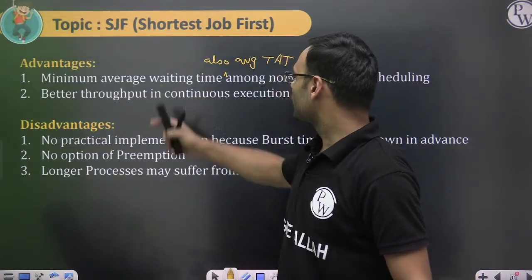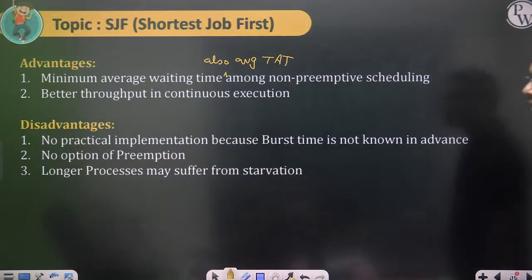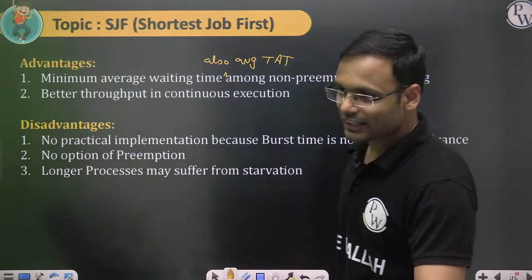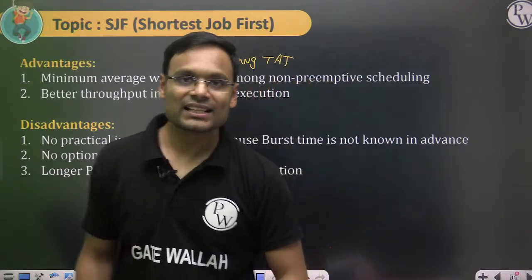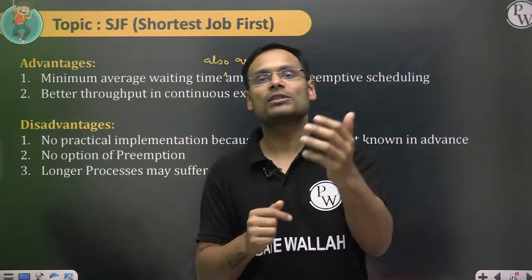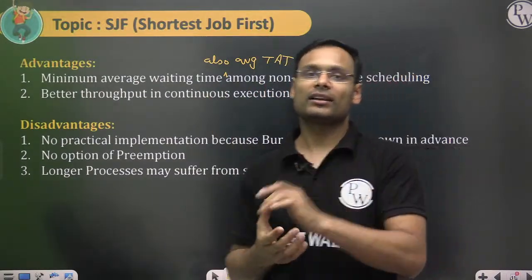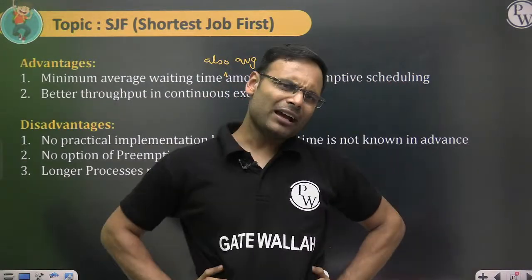Next is better throughput in continuous execution. When processes keep coming and you are running them, how many processes you can execute in the first 1 hour is throughput.